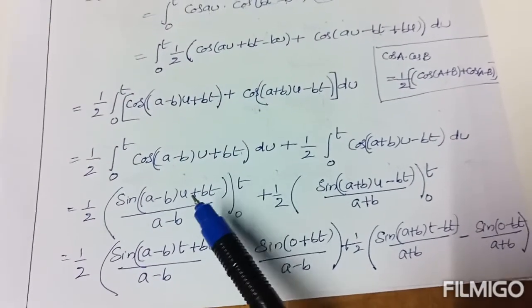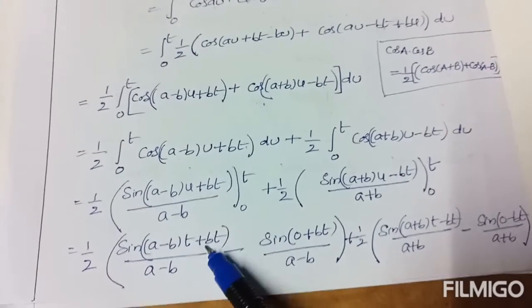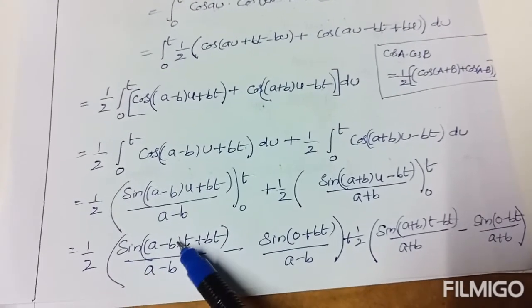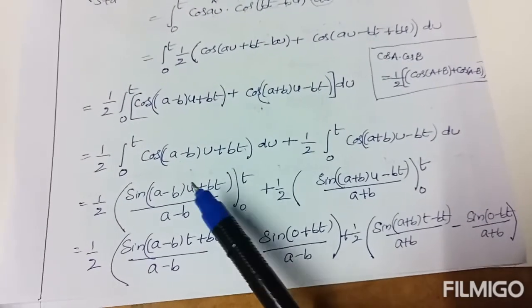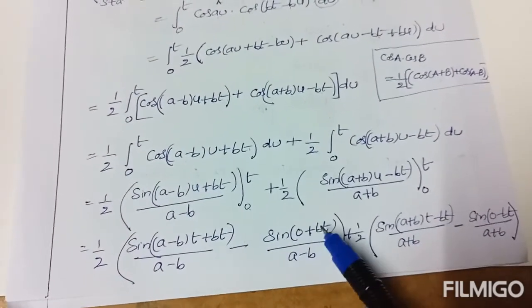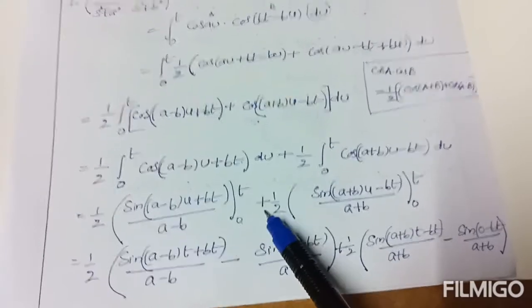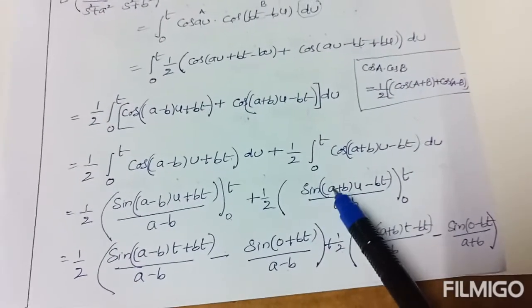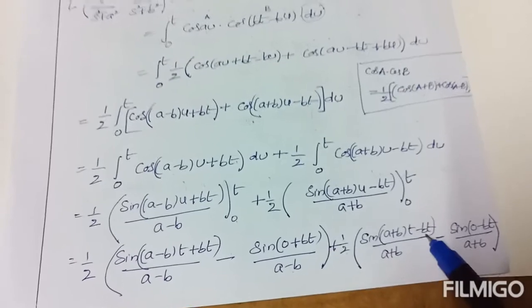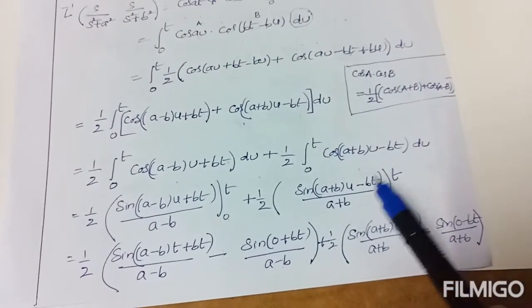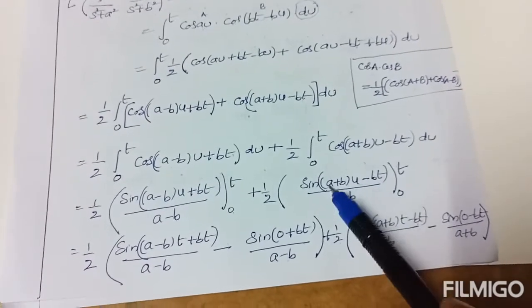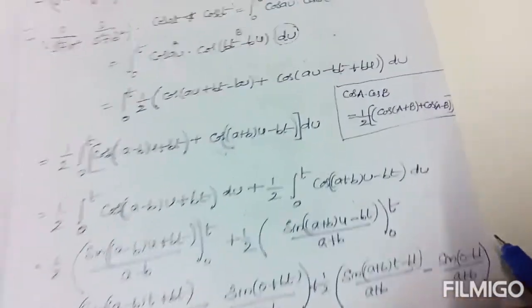In place of u, first the upper limit t: sin of a minus b t plus bt, by a minus b, minus, in place of u the lower limit 0: sin of bt by a minus b. Plus 1 by 2, sin of a plus b into t, upper limit, by a plus b, minus sin of 0. U is 0, so 0 minus bt by a plus b.